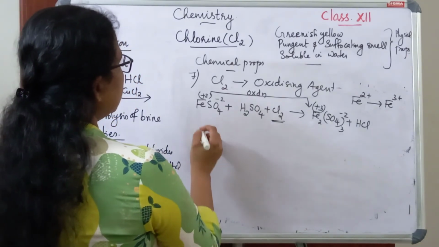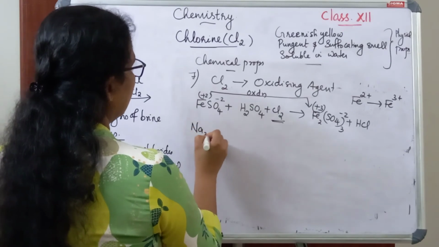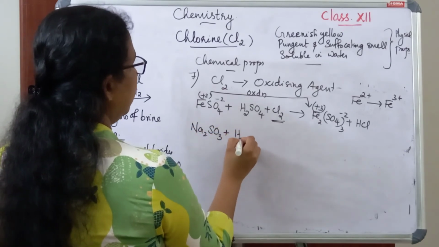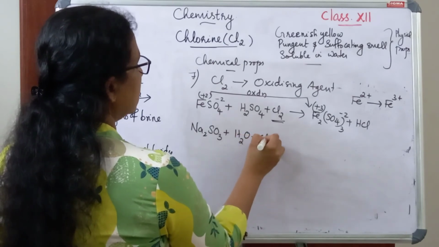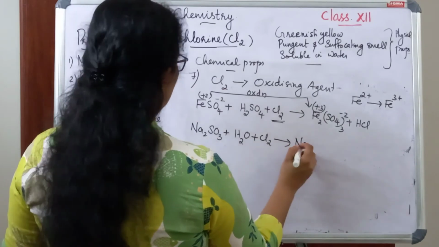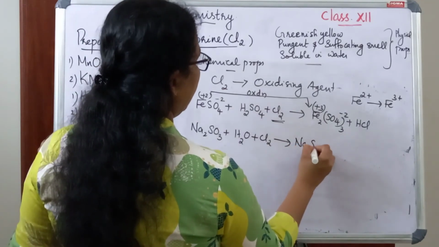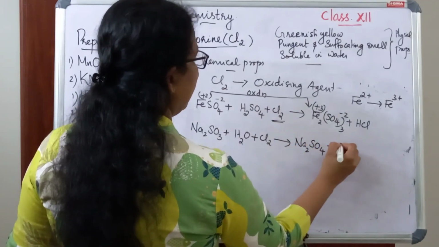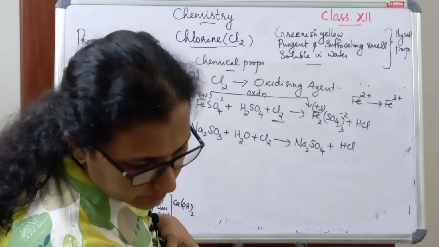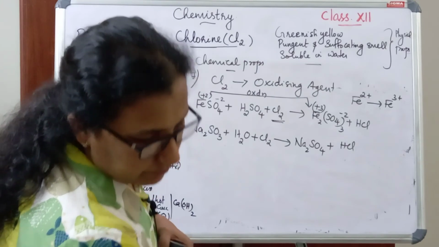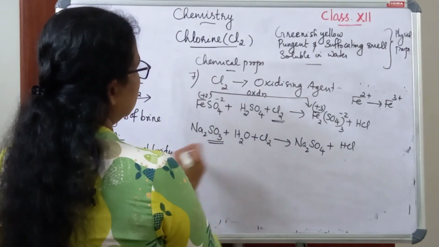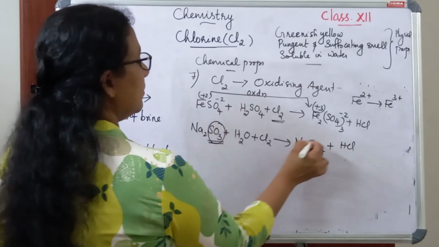In the second case, Na2SO3 plus H2O plus Cl2 gives Na2SO4 plus HCl. So here in Na2SO3, SO3 changes to SO4.